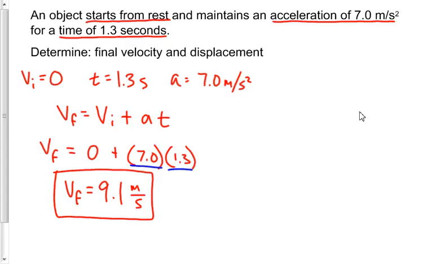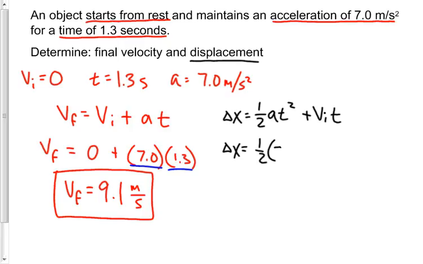Now if we're going to try and find the displacement, like I said, there are multiple ways that you can do this. Let me just show you a few of the ways that you could do this. So in order to find the displacement, we could use another one of our kinematic equations, this guy right here. And if I plug in my givens, the initial velocity is 0, so once again, I really wouldn't even have to write this part over here.